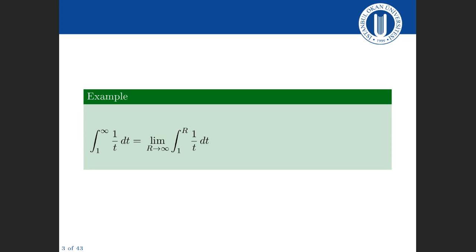What this really means is the limit as r tends to infinity of the integral from 1 to r, 1 over t dt, or the limit as r tends to infinity of the natural logarithm of t, calculated at r and at 1. Because we have positive numbers, we don't need to worry about the absolute value of t. So that's the limit as r tends to infinity of log of r minus log of 1, which is 0, or infinity.